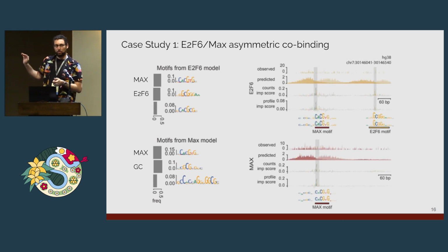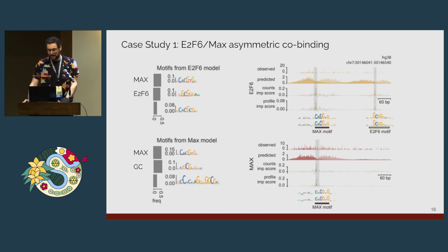And so when we went and looked at the actual genomic data, parts of the genome, this is what we found. This region here on the top is the actual observed signal at some locus on the genome for E2F6 experimental data. And then we have the predicted data under it, and then we have the attributions.